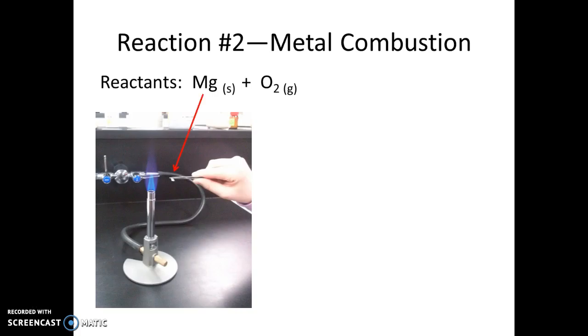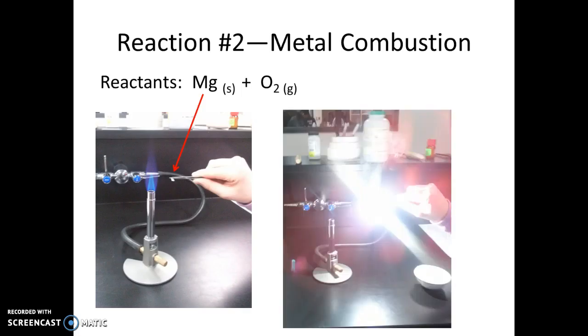You want to hold the magnesium with tweezers or with metal tongs, and to initiate the reaction with oxygen gas, you're going to stick it in your Bunsen burner flame. This is a really memorable reaction. It's one of my favorites. Once that magnesium starts burning, you're going to see a really bright light. And it's important that you don't look at the light directly.